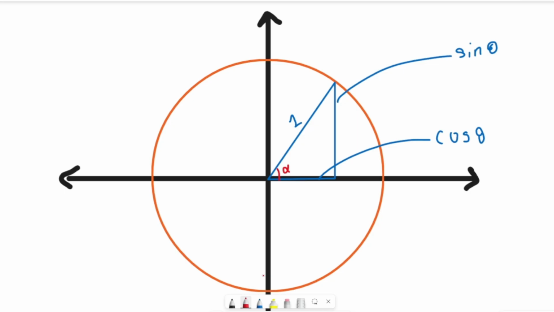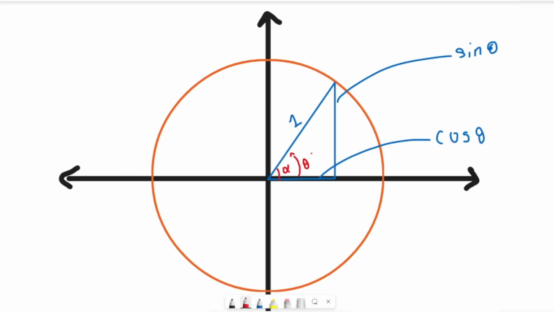But what I'm going to do is draw an arrow to the hypotenuse that's going counterclockwise from this point in the first quadrant. So this I'm going to call theta. So for now, I'm going to say that the basic angle and theta are the same in this quadrant, the first quadrant. So this is the basic angle, this is theta, till the hypotenuse, right?